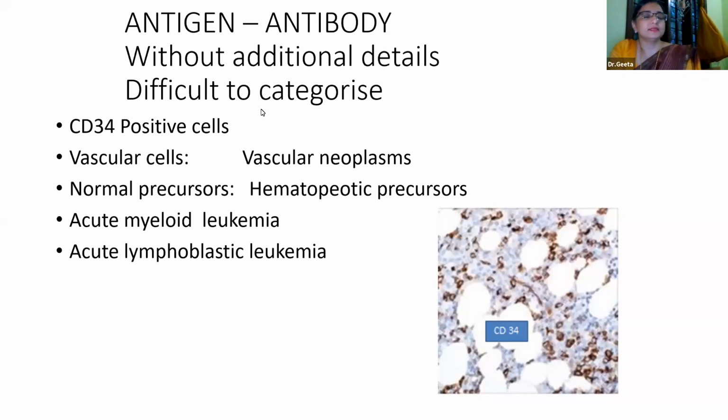So a cell cannot be characterized by a single antibody interrogation. It needs more than 1, 2, or sometimes many antibodies to be applied. And if we could do that simultaneously, at the same time, it would be of great help and saves a lot of time and resources.